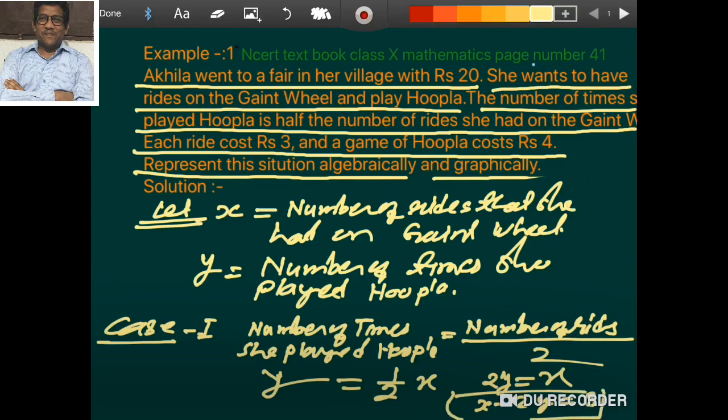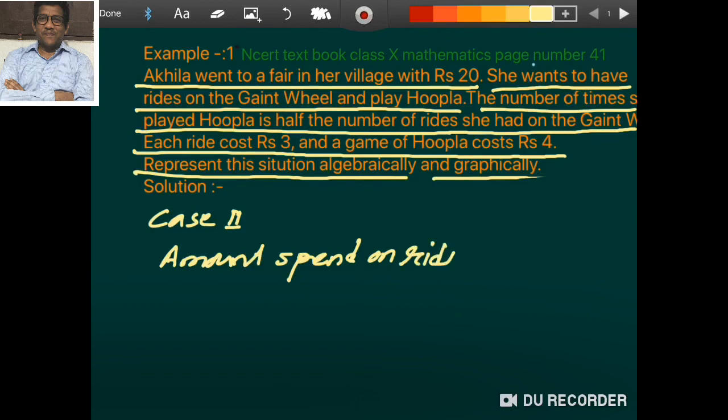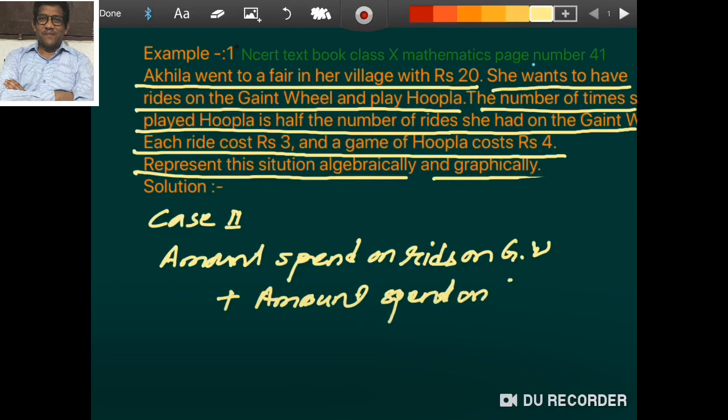Case 2: the amount spent on rides on the giant wheel plus the amount spent on the game of hoopla is equal to 20.